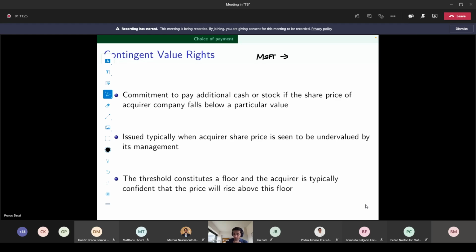So Microsoft wants to take over Skype. Now, the management of Microsoft believes that its own shares are thoroughly undervalued, and it is making the payment to Skype using a stock-for-stock swap.